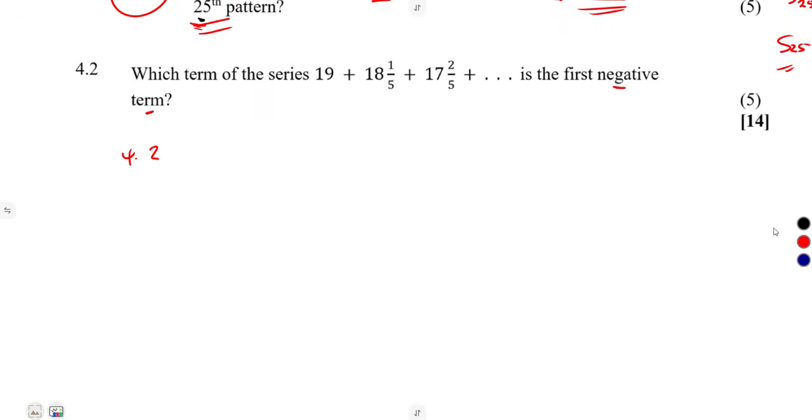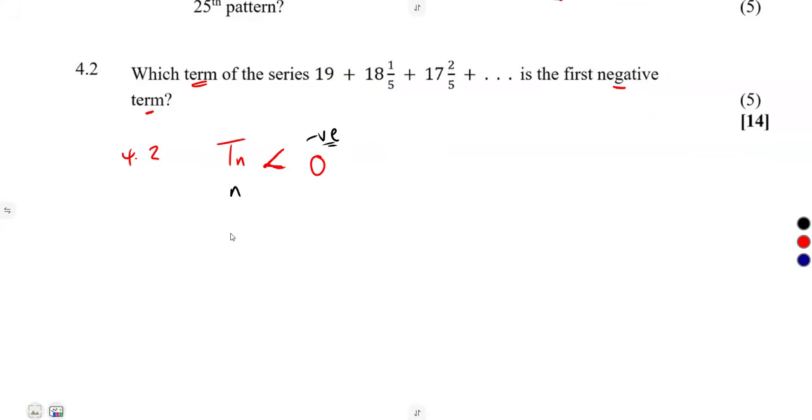Whether I know the type of series that is being formed, geometric or arithmetic, as long as I'm to consider which term, I'm talking about Tn. And when I'm to consider that it is negative, it simply means my Tn has to be less than 0. For it to be negative, it must be less than 0.